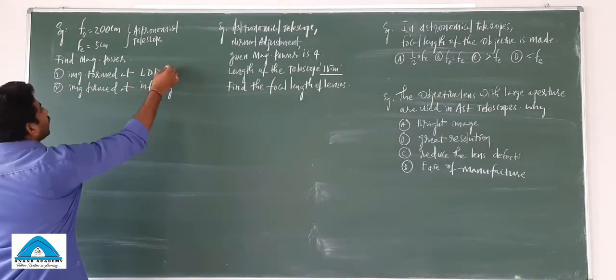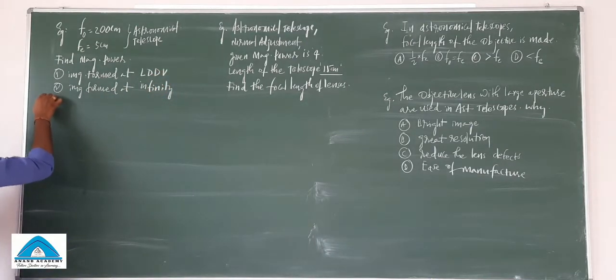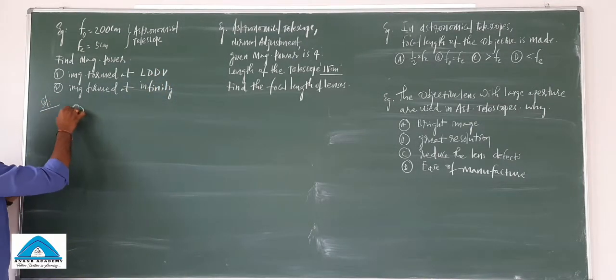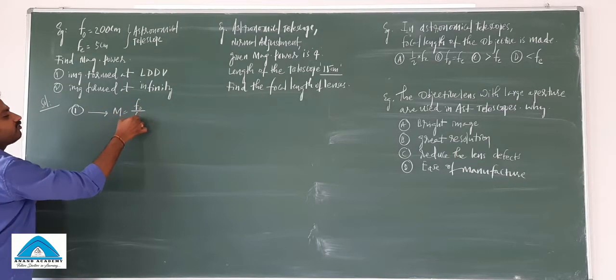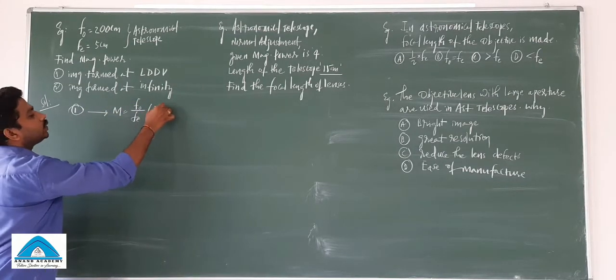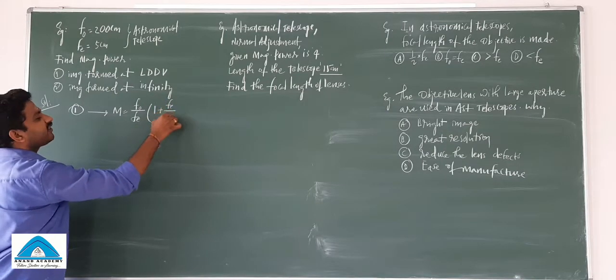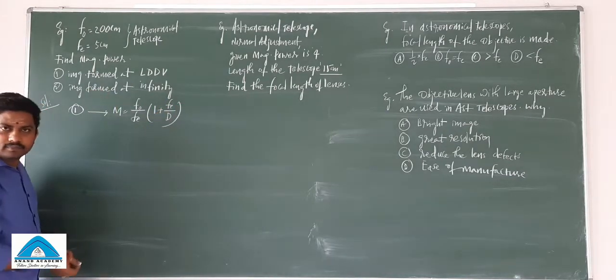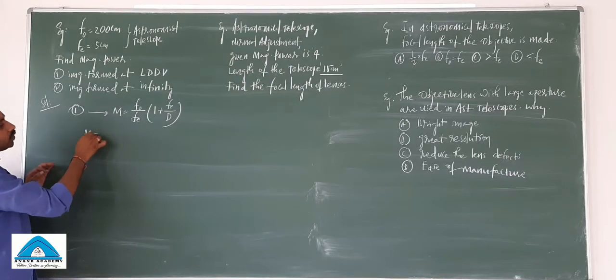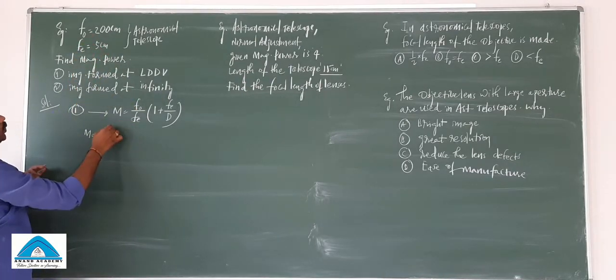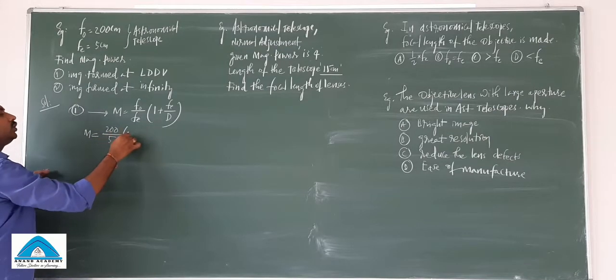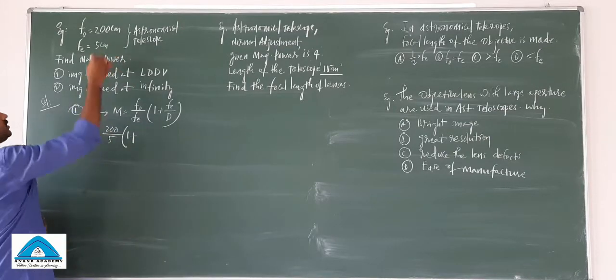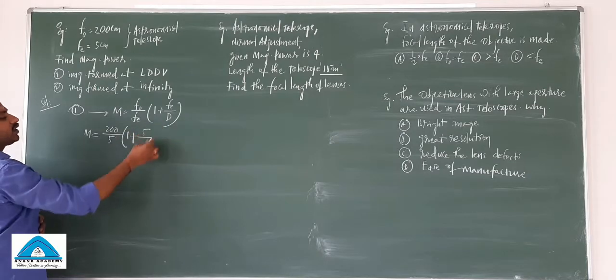We know in the first case what is the formula. Magnifying power is equal to f naught by fe into 1 plus fe by d. M is equal to, what is f naught? 200. What is fe? 5, into 1 plus fe by d, what is d?